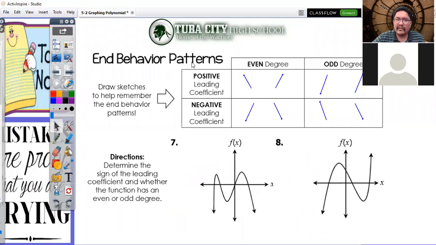All right, not a whole lot going on with this one. The only things you have to fill in are these lines that are going a little up or a little down, either direction you look at them. Okay, now let's go ahead and get this pattern down. To help us remember it, we're going to sketch these lines here and talk about the leading coefficient. So if your leading coefficient is positive, what's that going to do to your line?